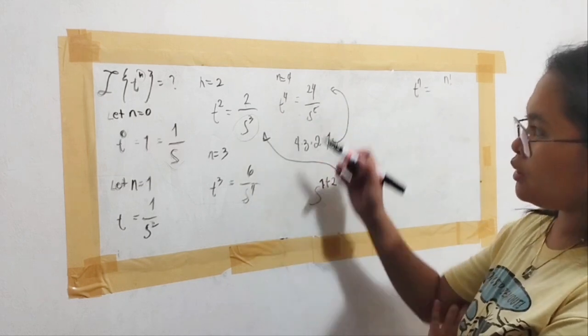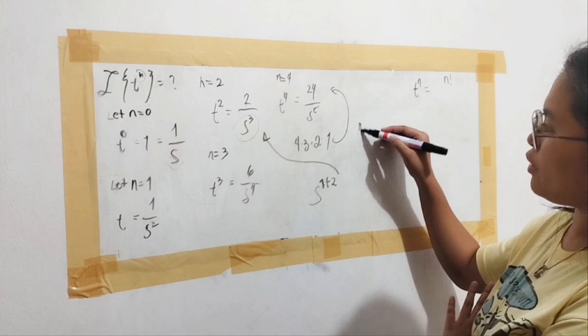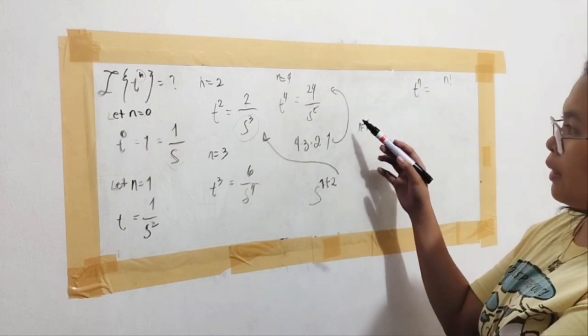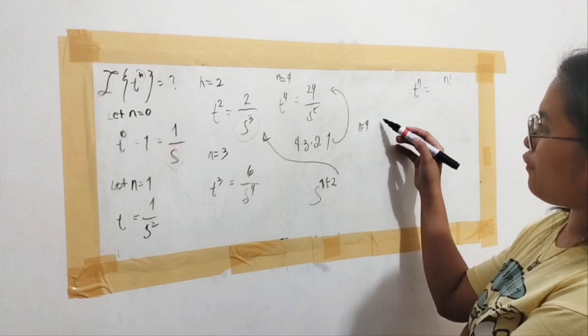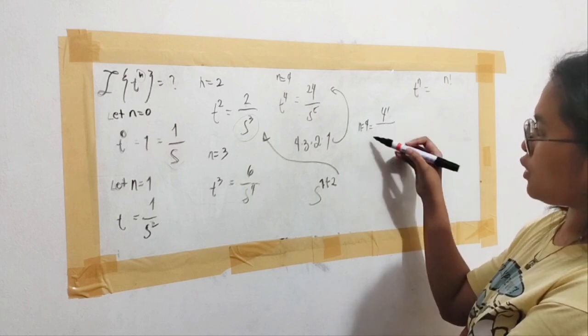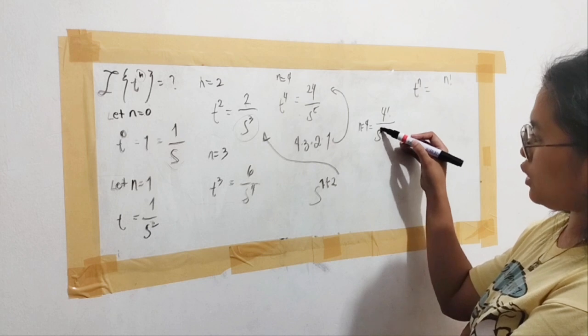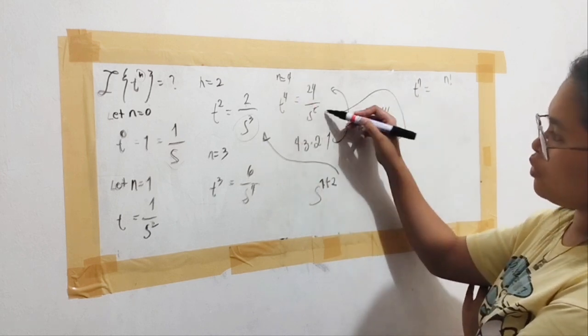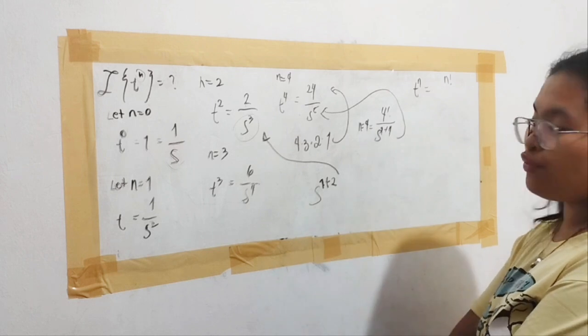So let's say here we have n equal to 4. We have 4 factorial over s, with an invisible 1 here, plus 4, which equals s raised to the 5th.